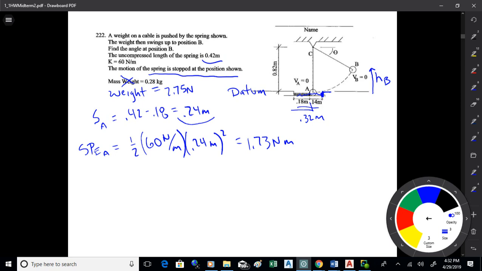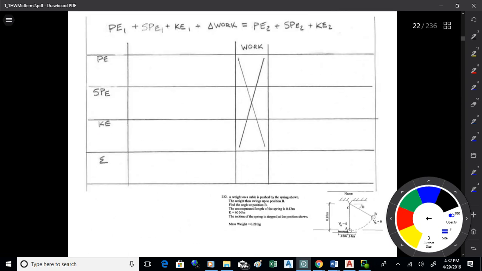So what we got here at A is there's no potential energy, there's 1.73 Newton meters, there's no kinetic, so that's how much energy you've got to start with. And then you just need to figure out what happens to that energy.